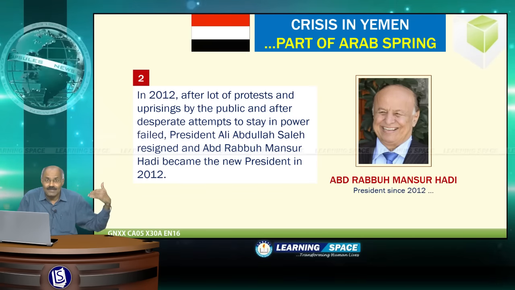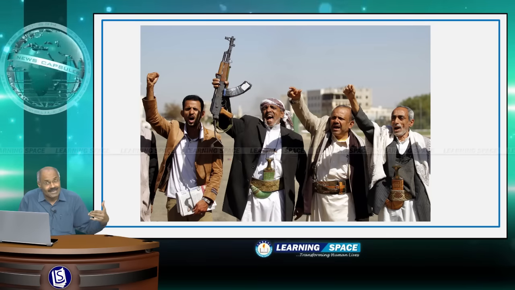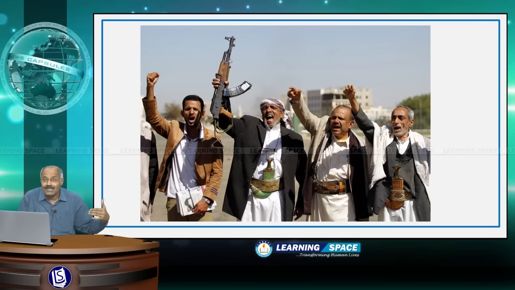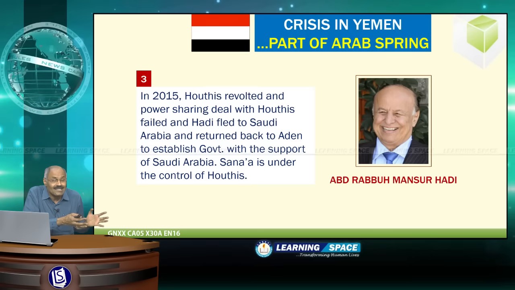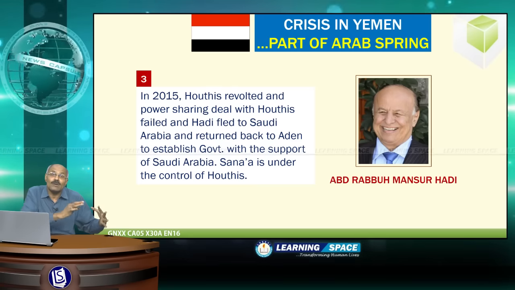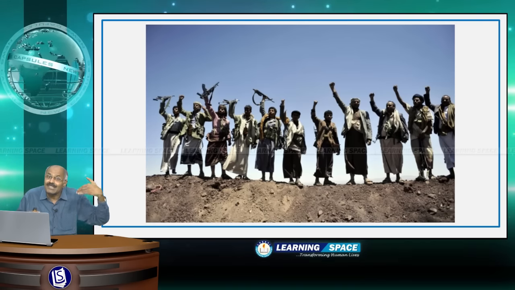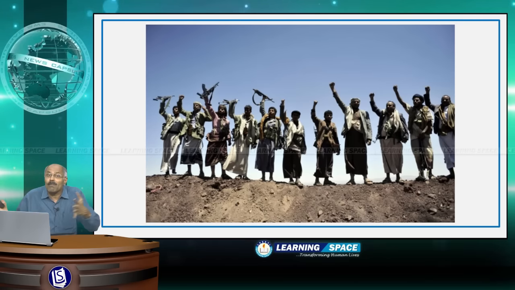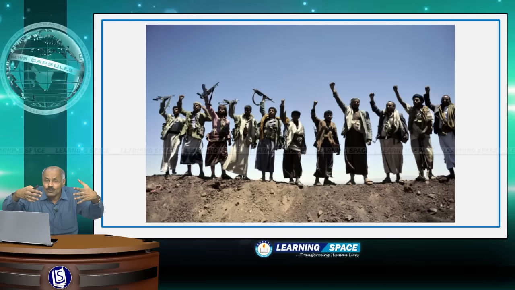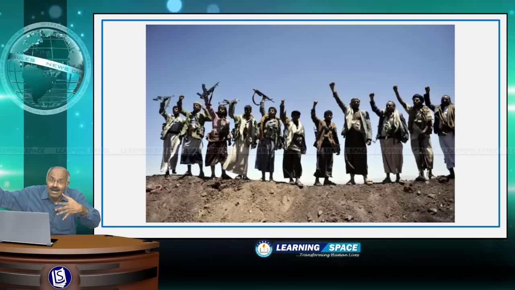And subsequently in 2015, the Houthis revolted. Please don't forget, Rabu Mansour Hadi belongs to the Sunni sect and is fully backed by Saudi Arabia, and the Houthi rebels are of the Shia sect and allegedly supported by Iran. So the power play between Sunni and Shia groups is again in focus in Yemen, just like Syria.